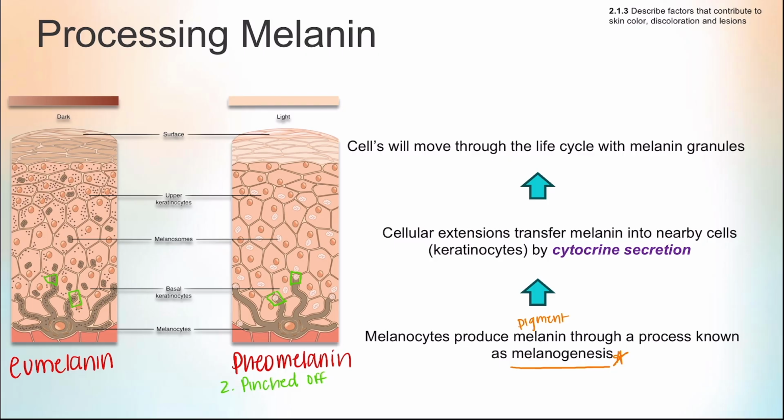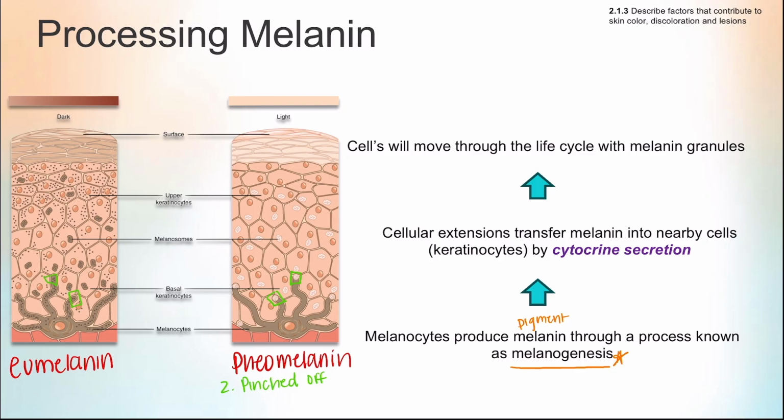So what is going to happen is that portion of the keratinocyte is going to wrap around it, cut it clean off of the end of that melanocyte's dendritic leg or spider leg, and then it is going to take the melanosomes that are inside of that and begin to digest them. So when it begins digesting that melanosome, that is where we are going to get the release of that pigmentation. So those smaller amounts of melanin granules are going to be dispersed into the cytoplasm of the keratinocyte.